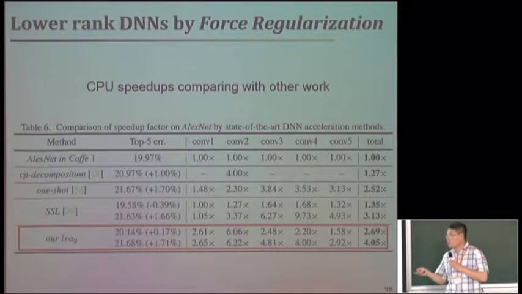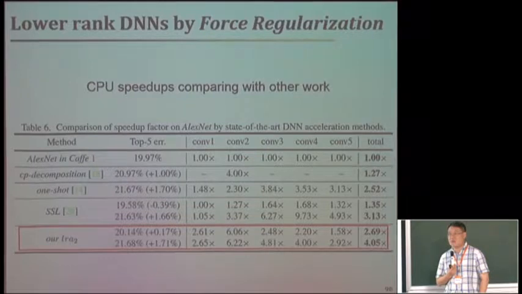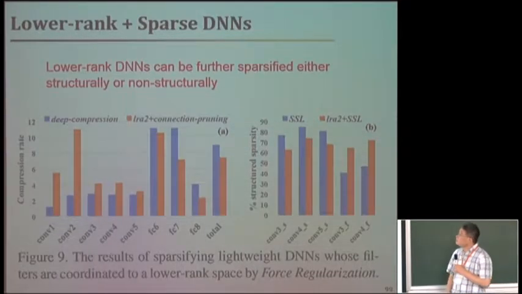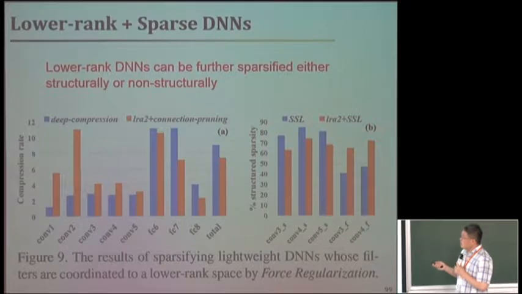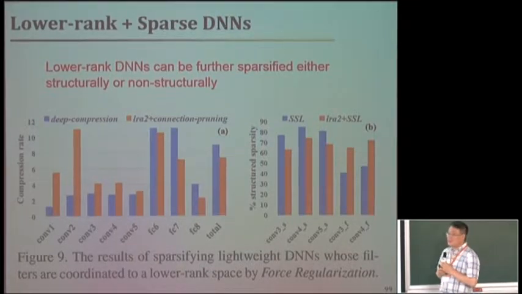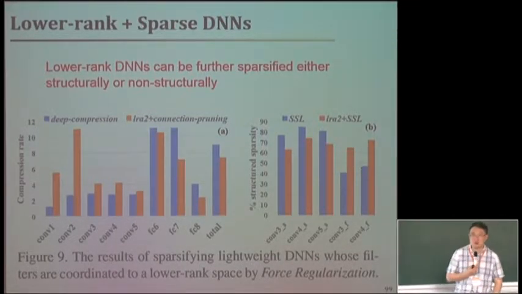And here is trying to optimize the filters. So they are operating on different types of the parameters. The answer is yes. We are able to apply this low rank design with the connection pruning or with the ISSL, and both of them will see additional performance improvement.